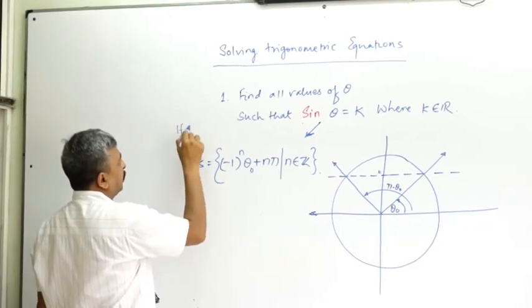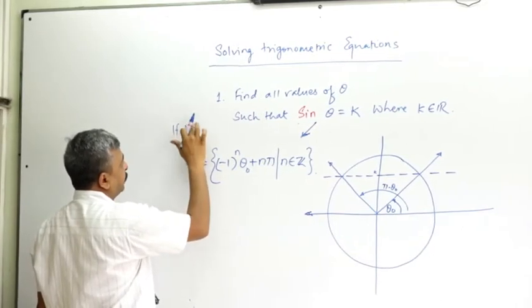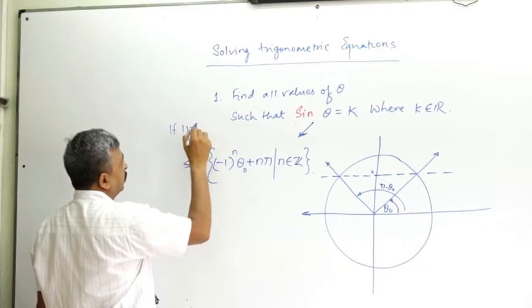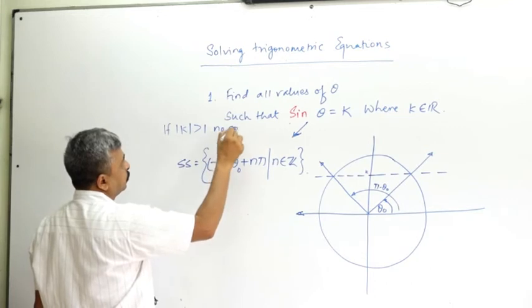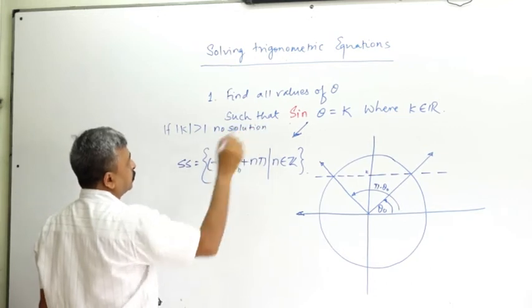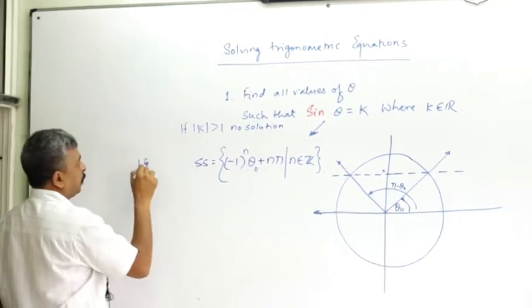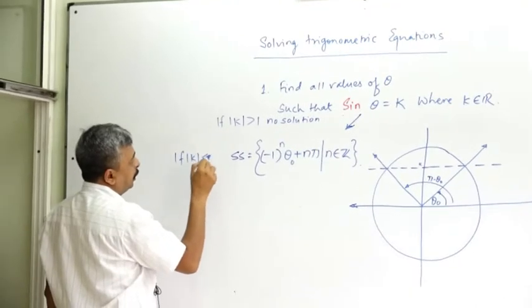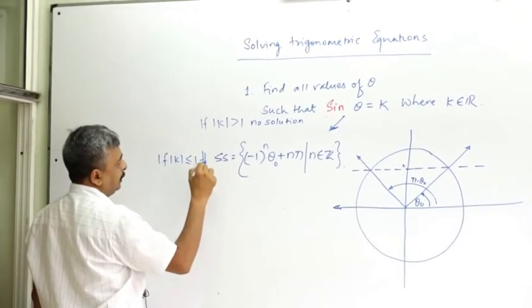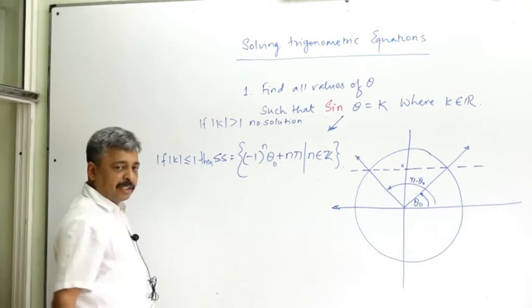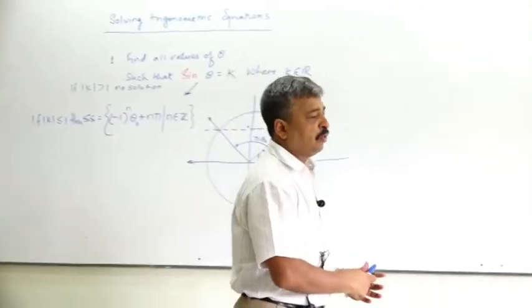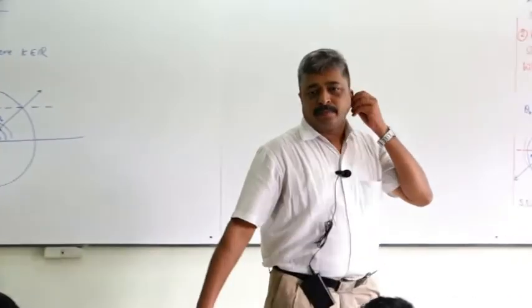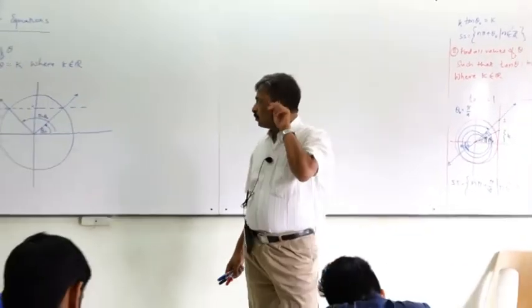If mod k is greater than 1, no solution. If mod k is less than or equal to 1, then solution set is this. This is a complete correct solution set for sine theta.